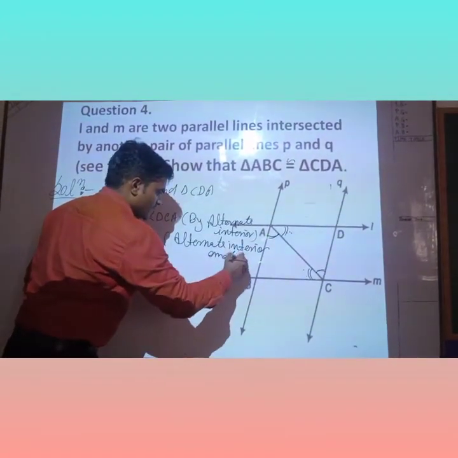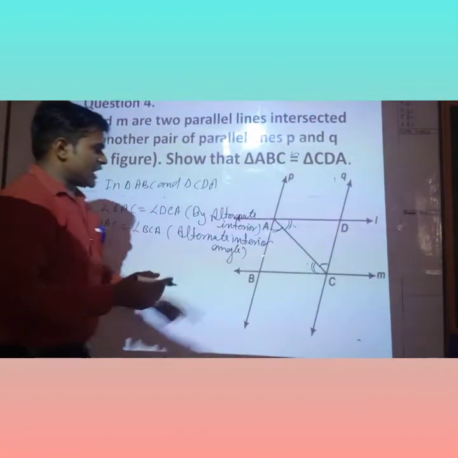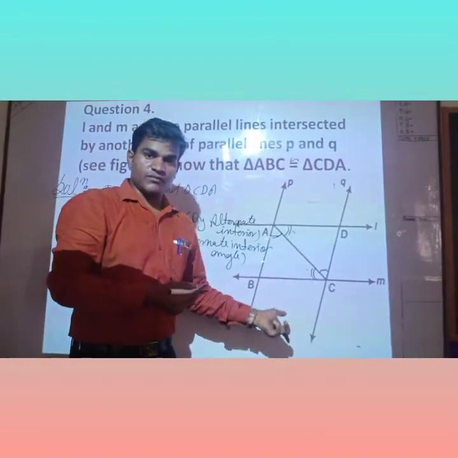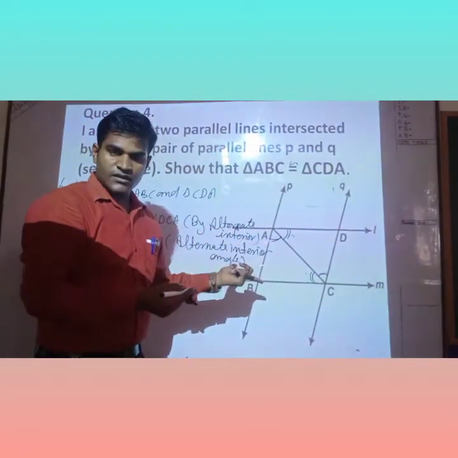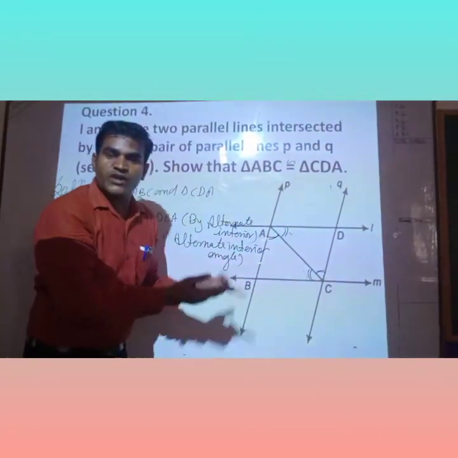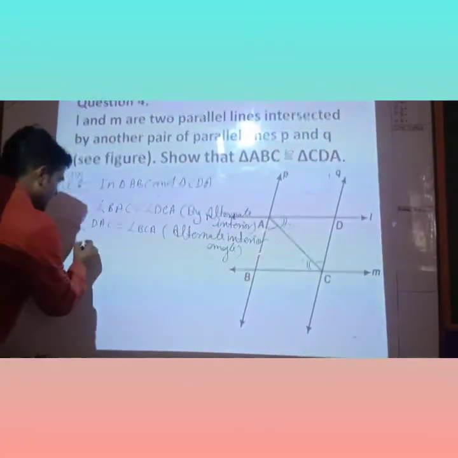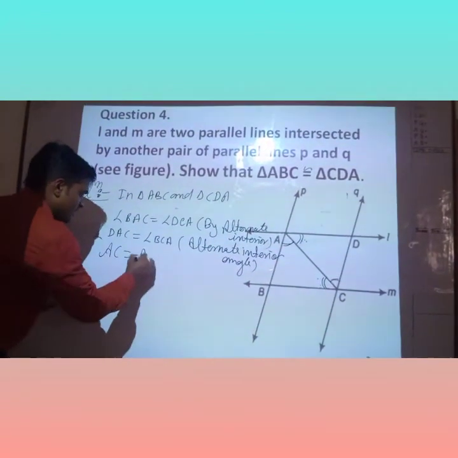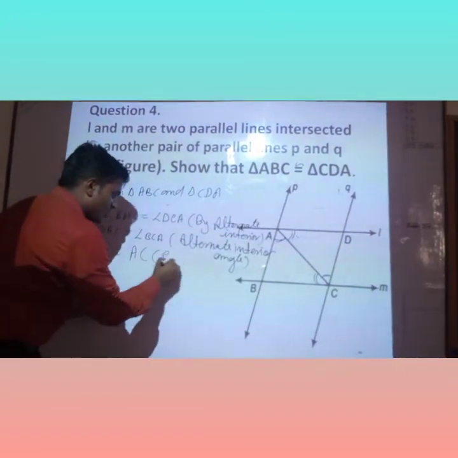We got two angles equal, but we have to find one more equality, that is AC. AC is a common side for both triangles. So you have to write AC is equal to AC, that is common.